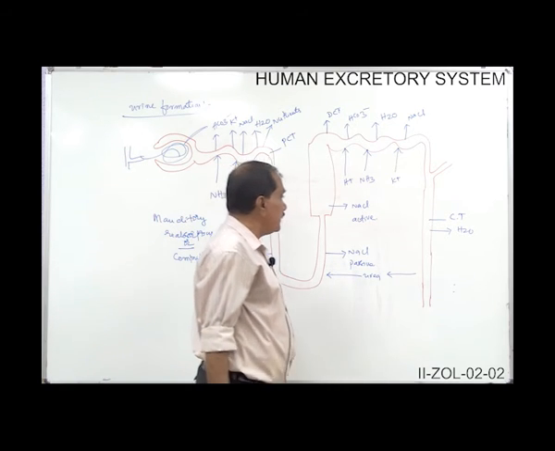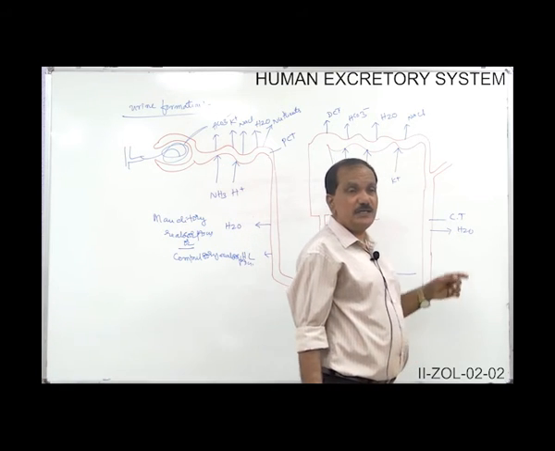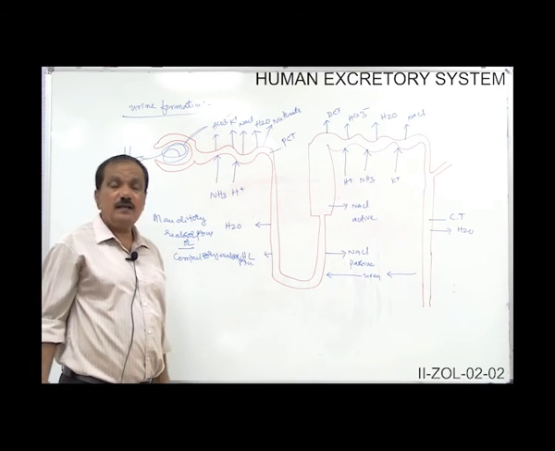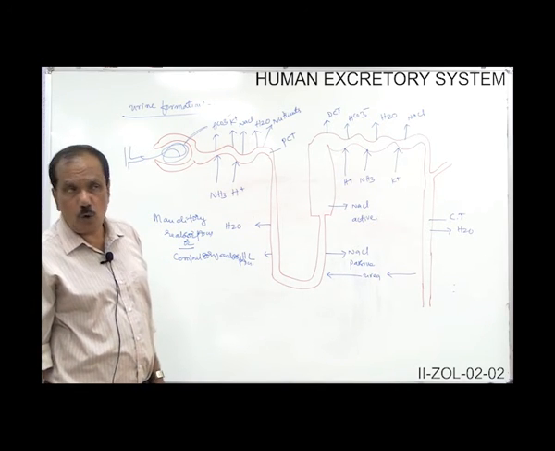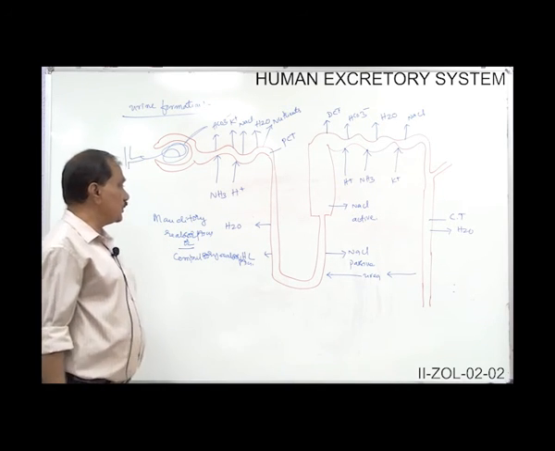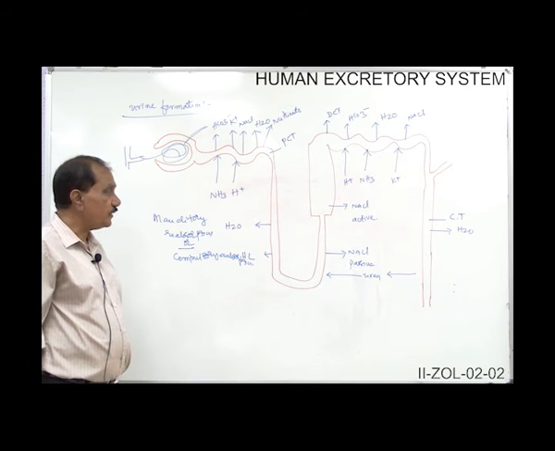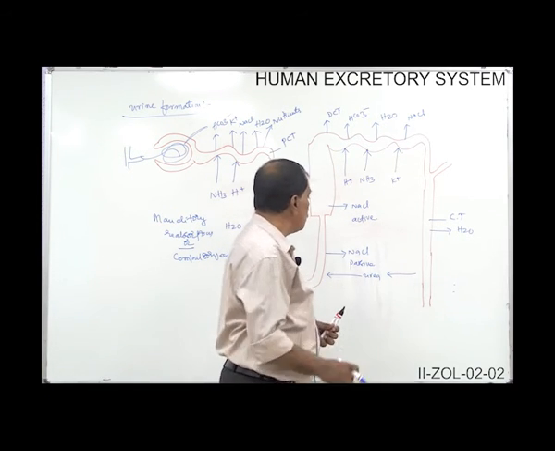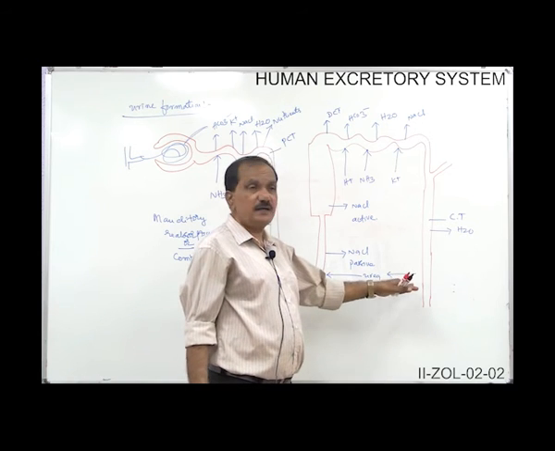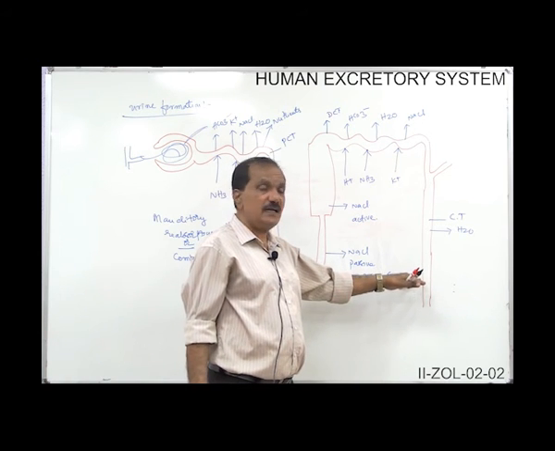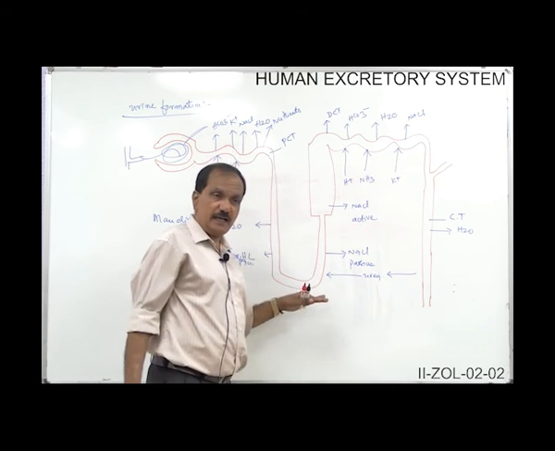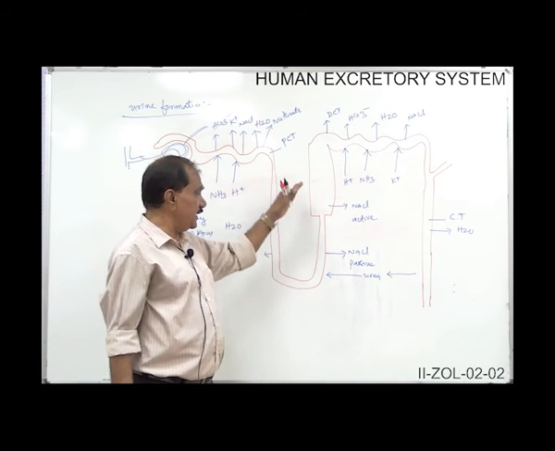And in the case of the collecting tubule also, the water will be reabsorbed depending upon the hormone only. So dear students, a small amount of the urea will be reabsorbed by the collecting tubule, which passes again back into the ascending limb of Henle.